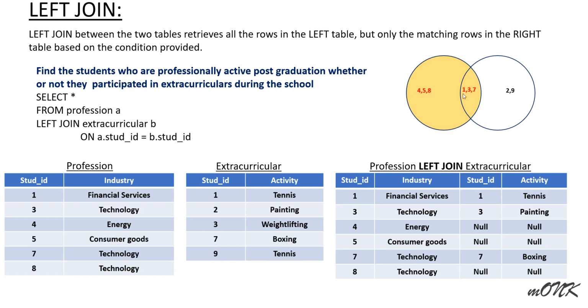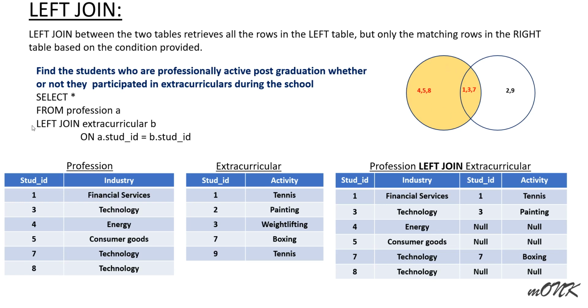In other words, students with IDs 458 and 137 are professionally active. Out of those, the student with ID 137 also pursued extracurriculars, but the student with ID 458 didn't participate in extracurricular activities. But both these groups are professionally active.